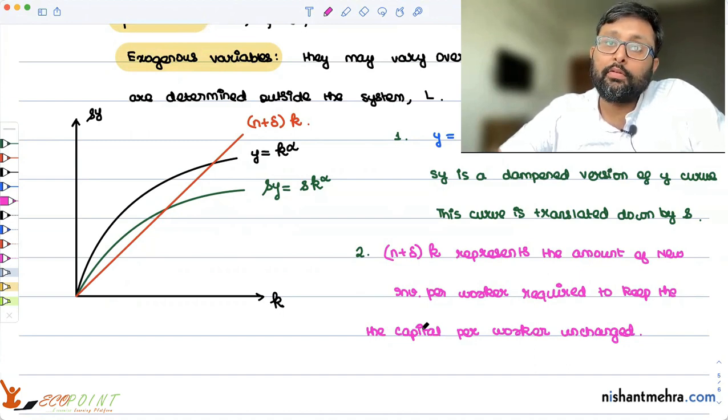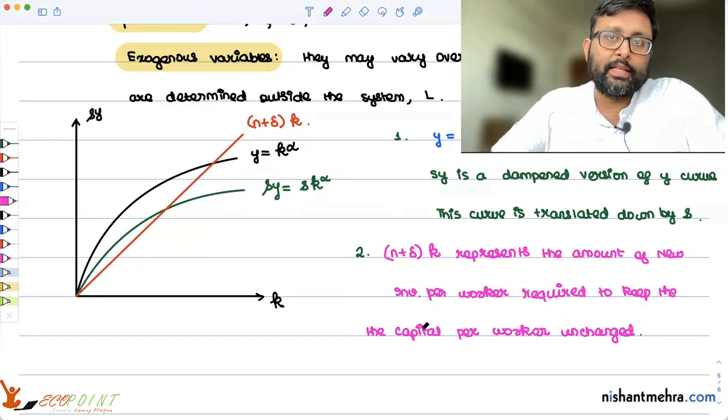But there has been depreciation of 5 units, so you are left with only 5 units of capital per worker. So in order to keep the capital per worker unchanged, the amount of machines which you need to add, that is what the replacement capital is.